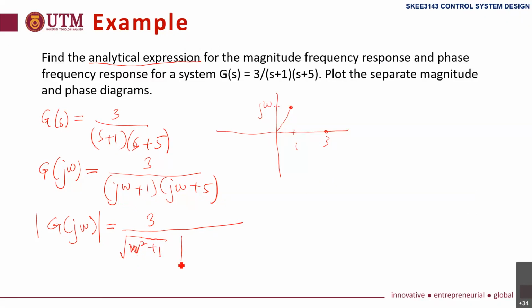And for the other one, if you want, you can open the bracket and multiply together, but maybe it is easier to do one by one. Omega squared plus 25, okay, 5 squared.